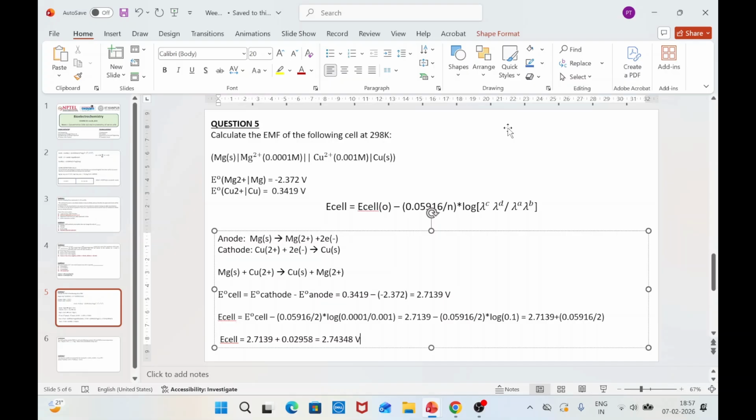So we have two more numerical problems and we have approximately 10 minutes of our time left. So let's see, anything that you want to discuss related to this question.